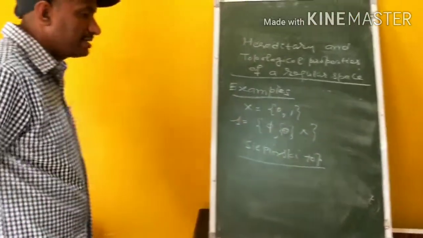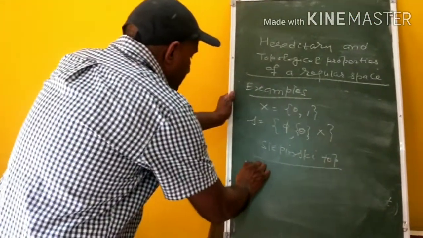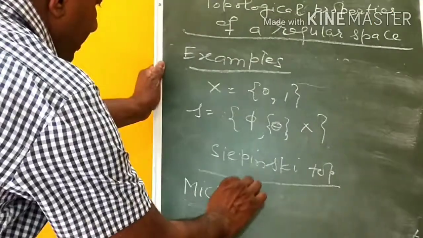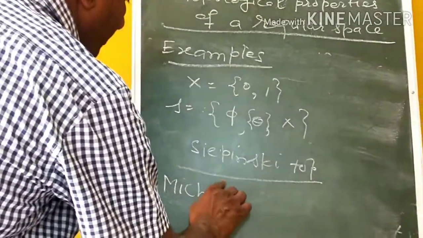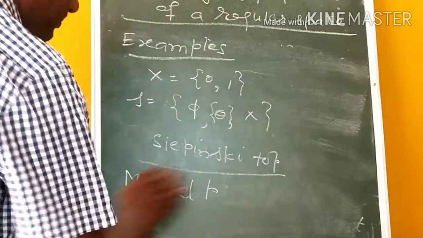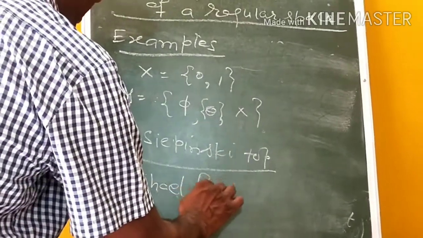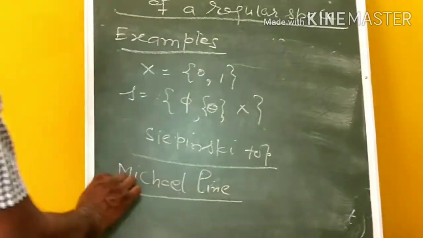Now we take another example, Michael line topology.